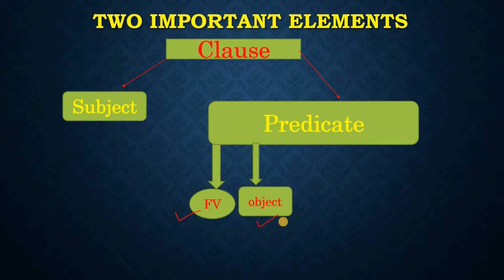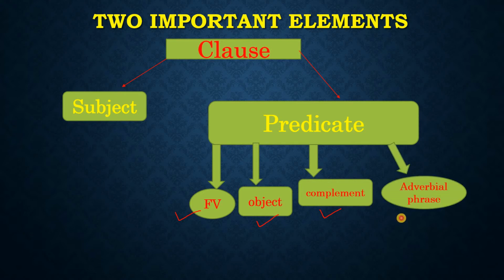Number two, object. Number three, complement. Number four, adverbial phrase. According to our picture, you can imagine these things are the compartments of a train, and the subject you can imagine as the engine of a train.